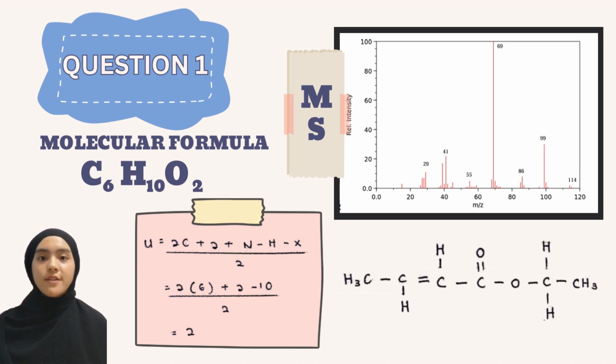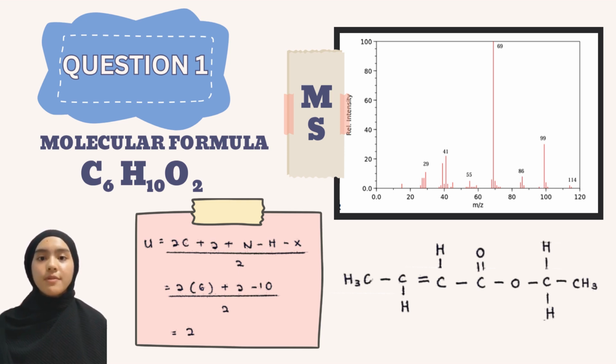Based on the basic calculation of CnH2n+2, we only focus on the U calculation, which is 2 multiplied with the number of carbon plus 2 plus the number of nitrogen, minus the number of stated hydrogen and minus the number of halogen. The sum will be divided by 2.